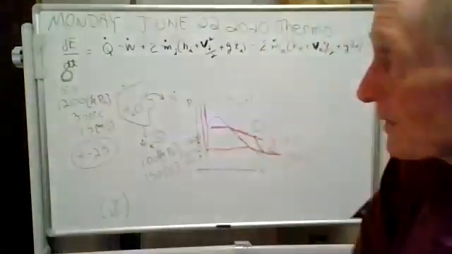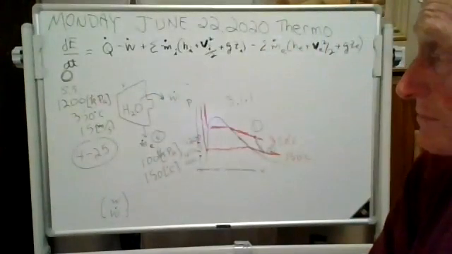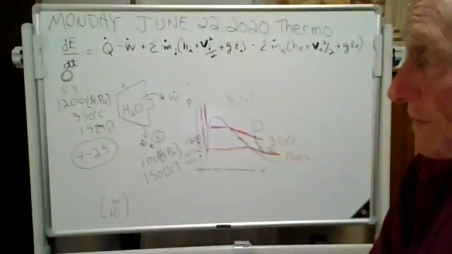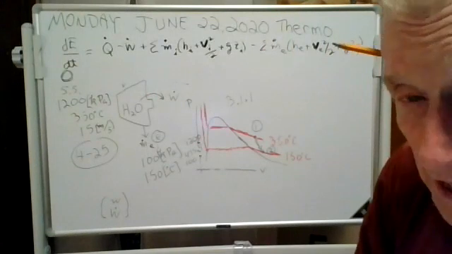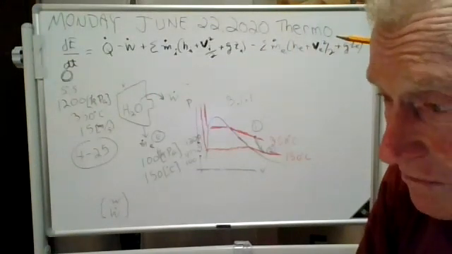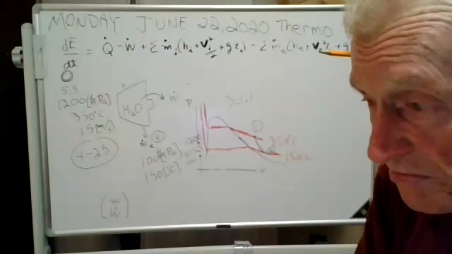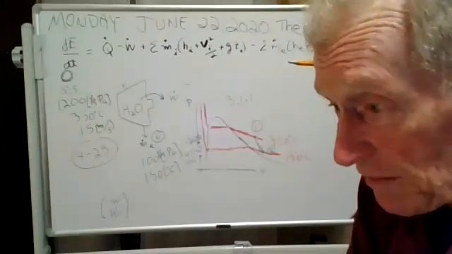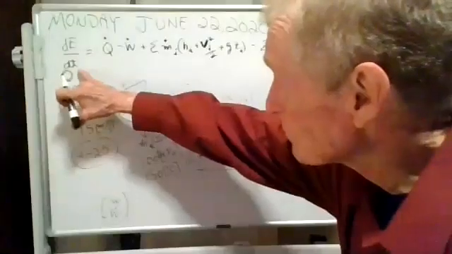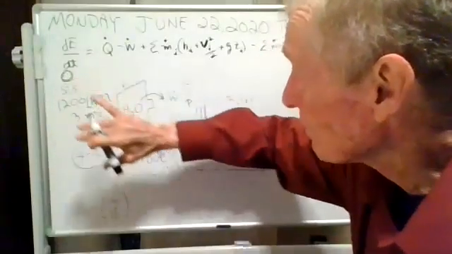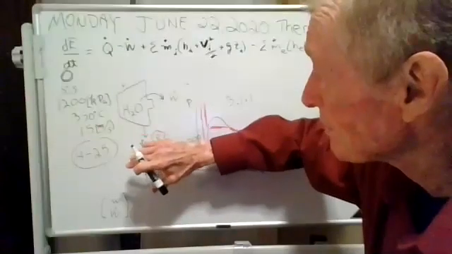It's 1200 kilopascals coming in. An hour later, it's still 1200 kilopascals. A day later, this thing is just running. Nothing's changing with time. All the properties are staying the same.